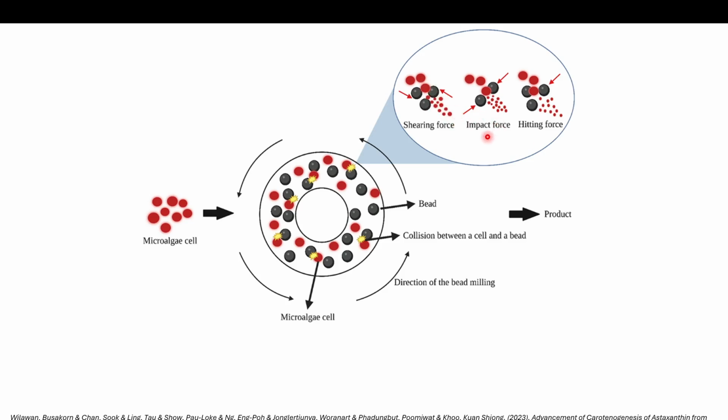Or there can be impact force, where the beads are directly colliding with an individual cell, and the impact force breaks the cell open. Or there can be direct collision, which can also break the cells open.